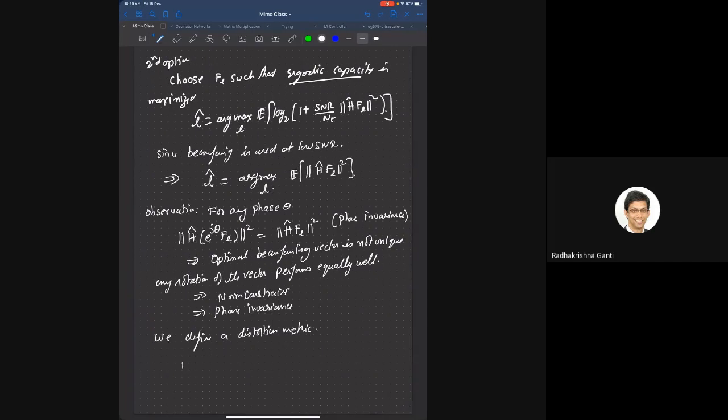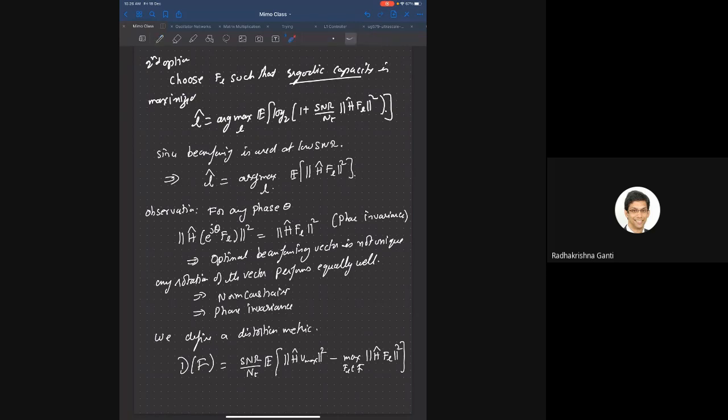We say D of the code book, as a function of the code book, is defined as SNR by NT times the expected value of norm of H hat Vmax whole square, minus the maximum over FL belonging to the code book of norm of H hat FL whole square.